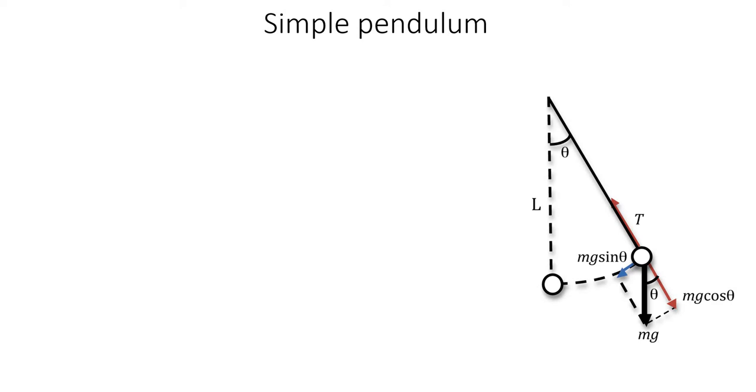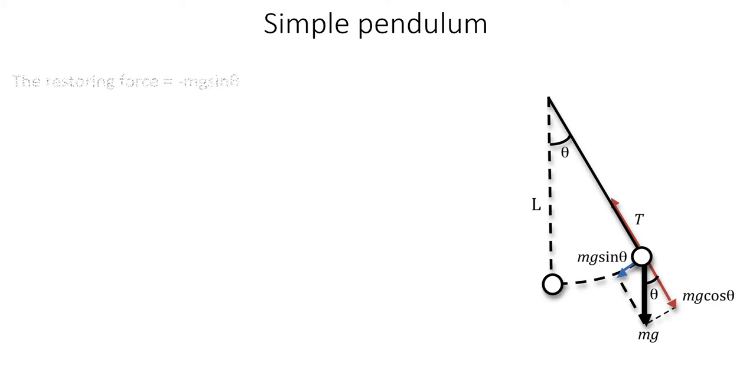Tension acts along the thread towards the point of support. Mg acts vertically downwards, and if you resolve Mg into components, with theta as the angle made, Mg cos theta is balanced by tension and Mg sin theta acts towards the mean position. So Mg sin theta is the restoring force which tries to bring the pendulum bob back to its original position.